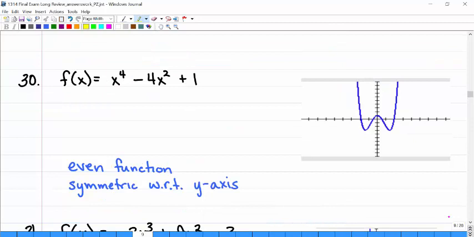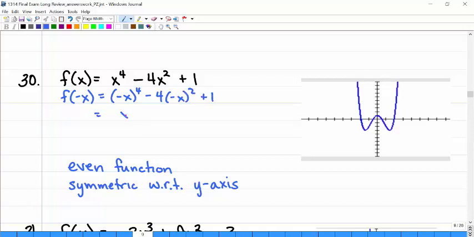For number 30, you're given f of x equals x to the 4th minus 4x squared plus 1. Again, I want to plug in f of -x. So I have -x to the 4th minus 4 times -x squared plus 1.